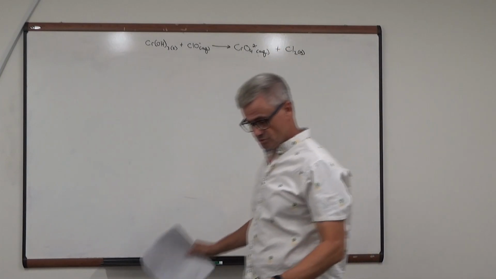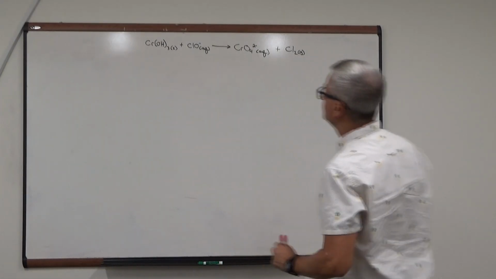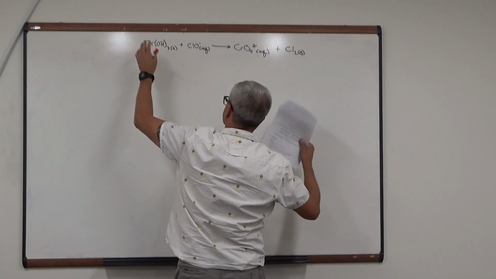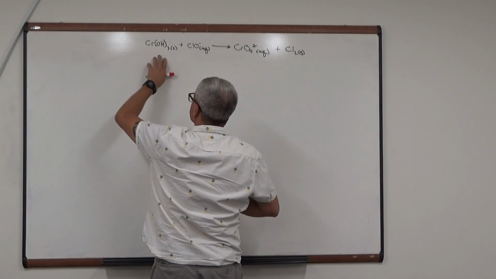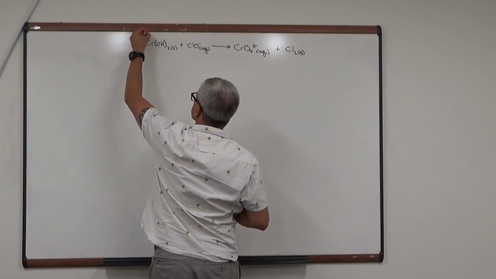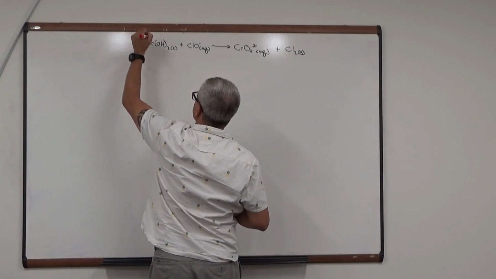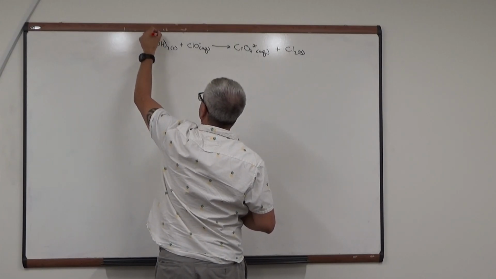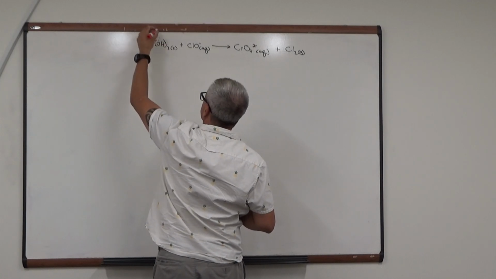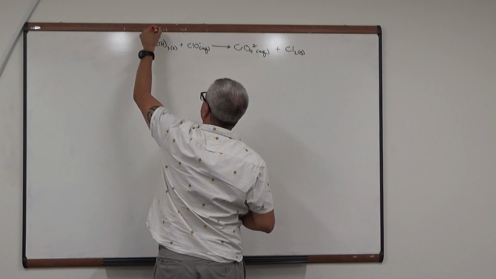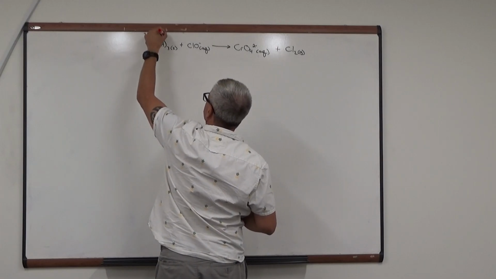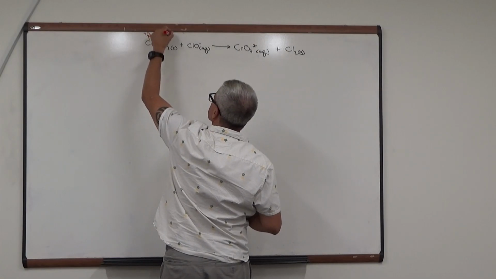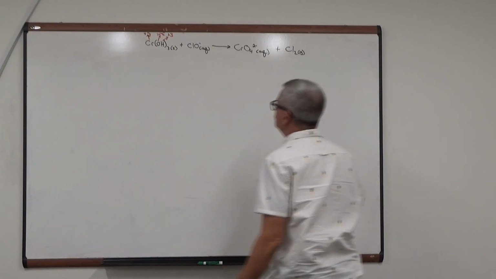First thing we should do is do all our oxidation numbers. Each hydroxide is a -1 polyatomic ion, so since it's overall neutral, this chromium is +3. That's -2 and -6, and +3, so overall neutral.